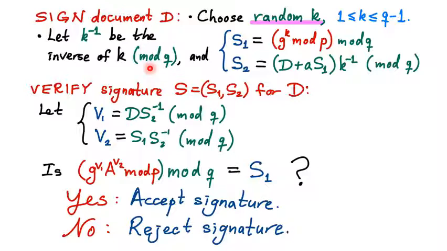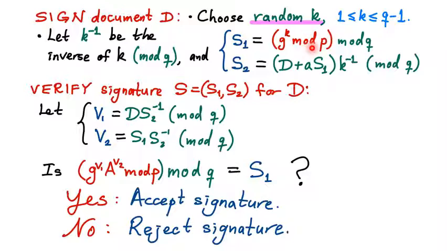Now the signature consists of two parts, as before. So the first part of the signature, S1, is obtained by raising G to the power of K. This is naturally defined as an element modulo P, correct? So this is an integer between 1 and P minus 1. But now we're going to take the remainder of that modulo Q. So we end up with an element that is between 0 and Q minus 1.